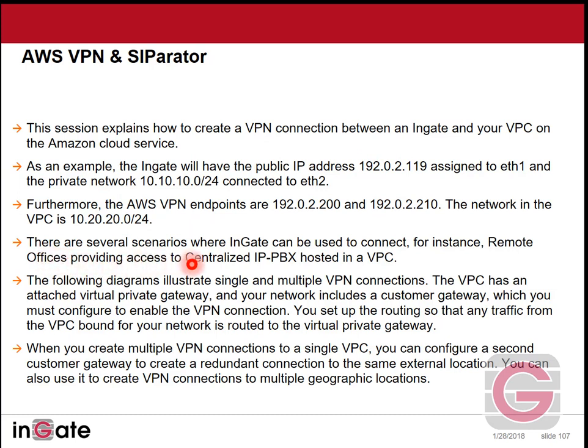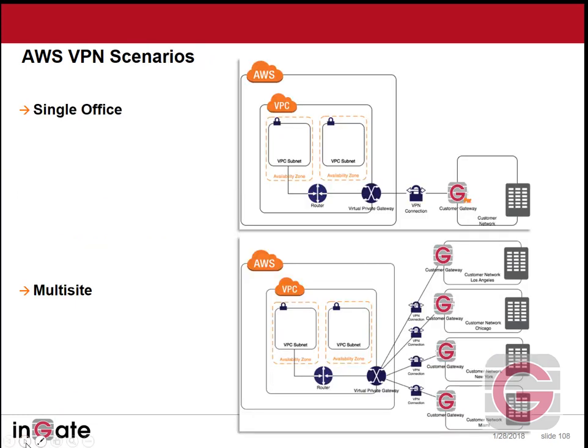There are several scenarios where Ingate can be used to connect, for instance, remote offices providing access to a centralized PBX hosted in a VPC. That's a typical case, so we want to illustrate in some diagrams examples of how this is used. Let me move to the next slide.